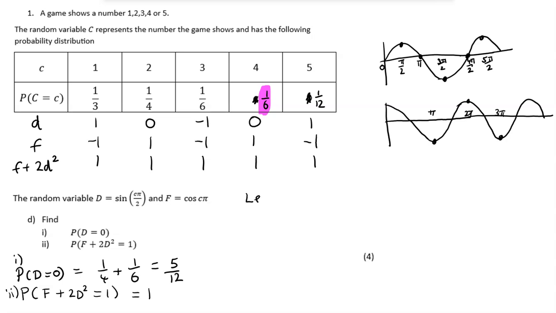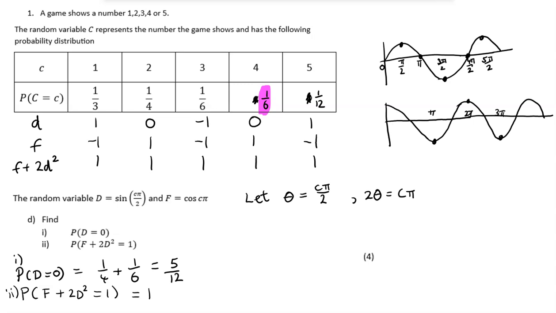Well, let's just say let theta equal c pi over 2. Okay, this would mean that 2 theta is c pi.